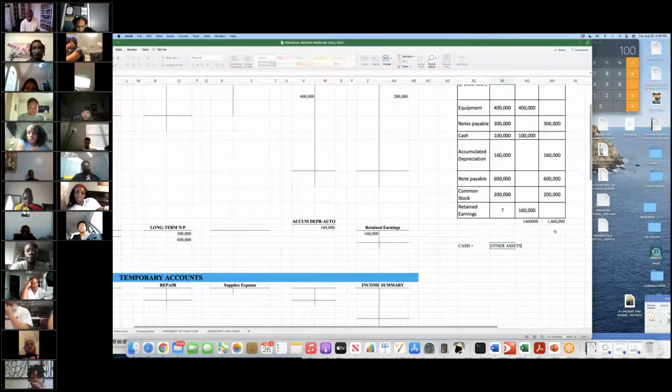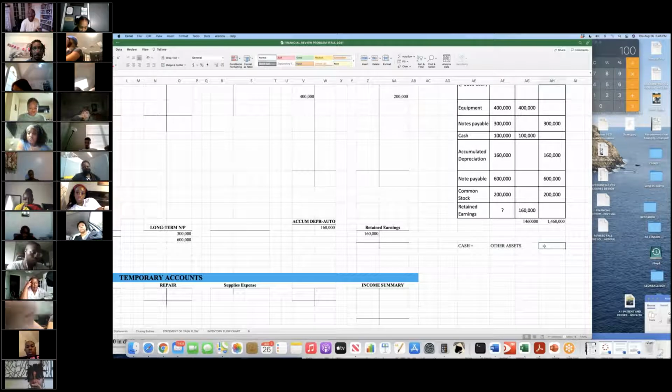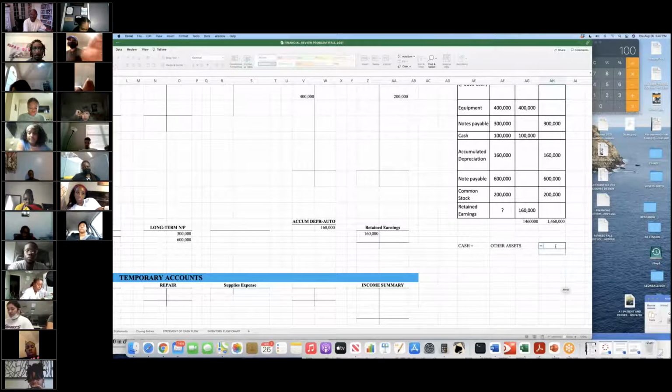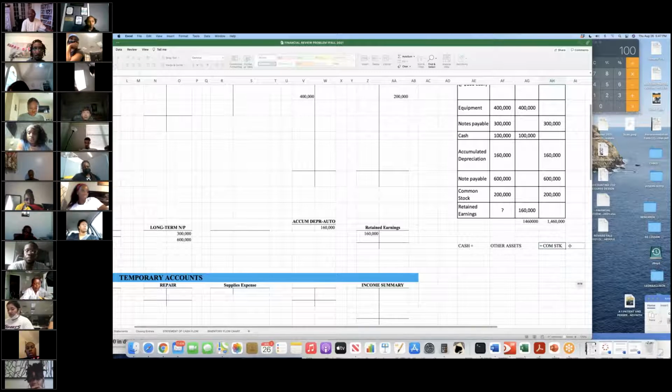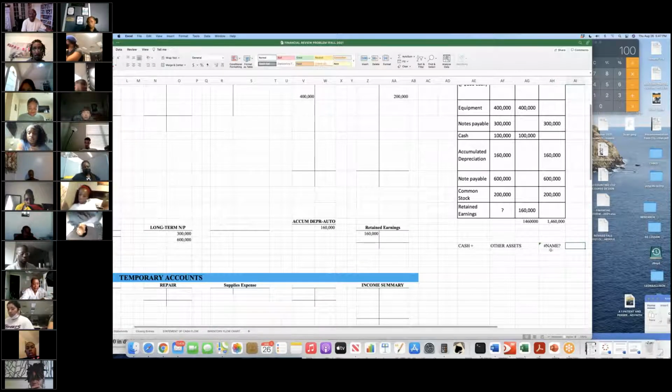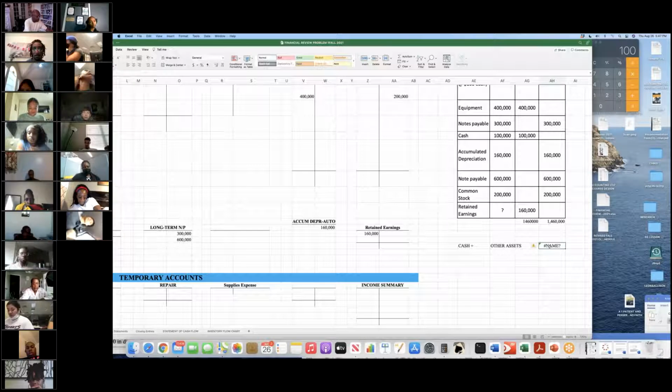That's okay. So cash plus the other assets is going to equal common stock, let's see if I can just put CS in here. CS. I guess it's looking for an equation. Plus retained earnings.